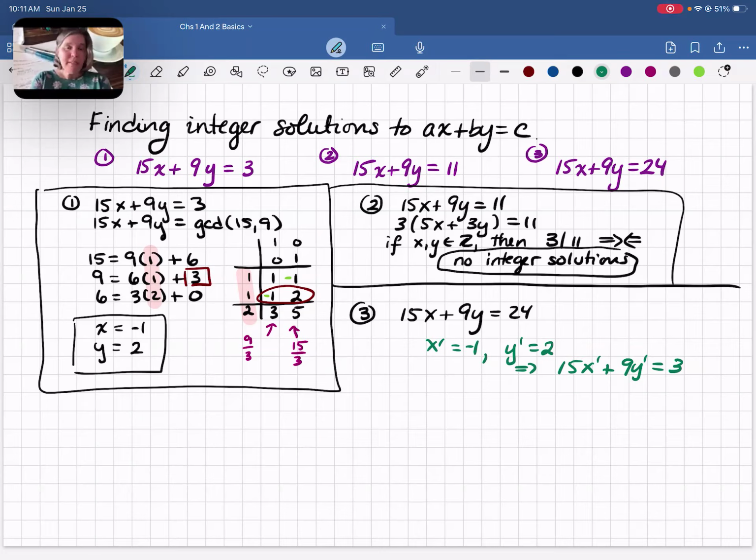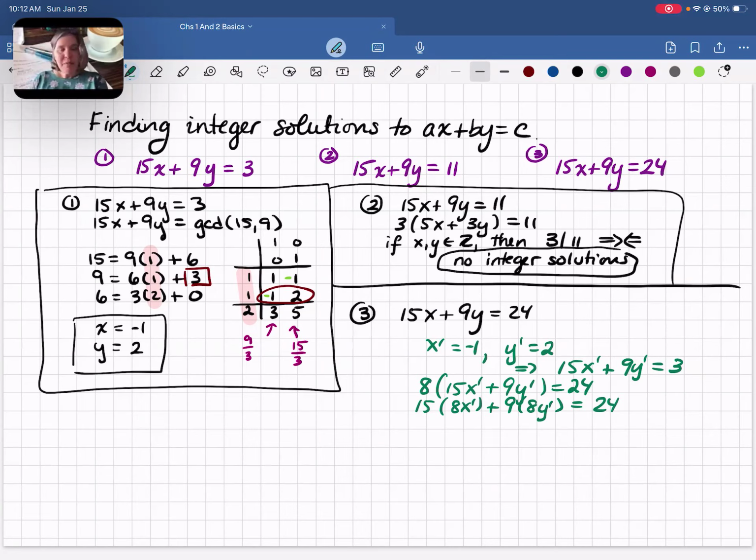Now, 3 does divide 24, the constant on the right-hand side. So 3 goes into 24 8 times, so let me multiply both sides of this equation by 8. I distribute that 8, and I get 15 times (8x prime) plus 9 times (8y prime), using the commutative and associative properties for integers, equals 24.